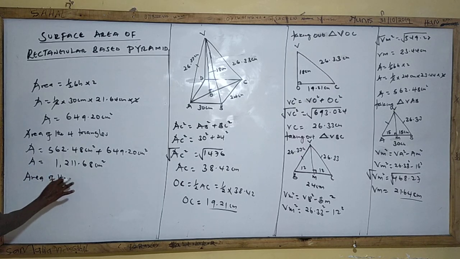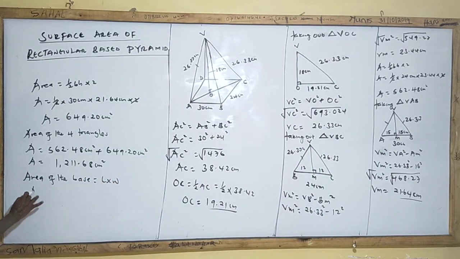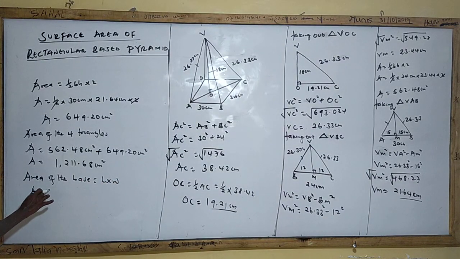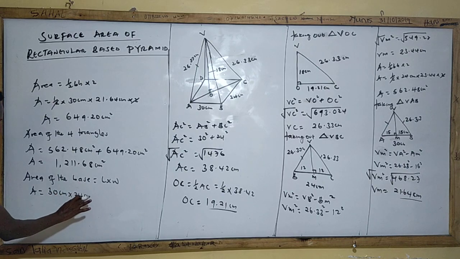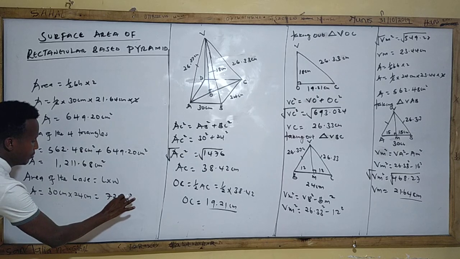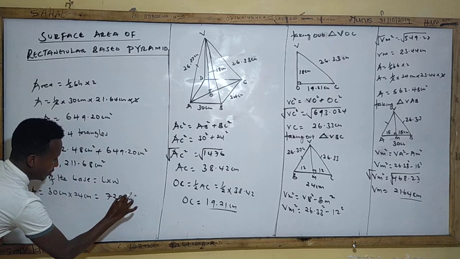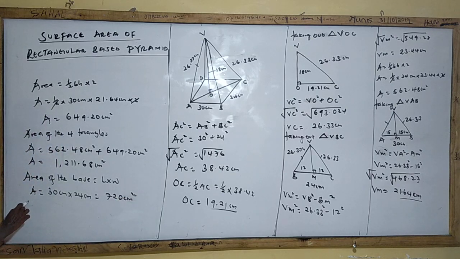Area of the base, yeah? Is equal to L times W. So area is equal to 30 centimeter times 24 centimeter. That would give me 720 centimeter squared, okay? Then total surface area.